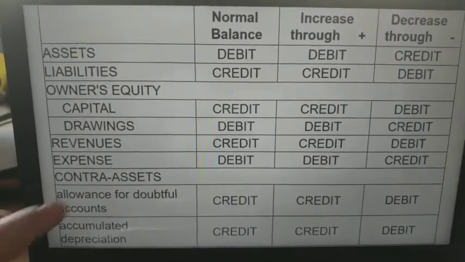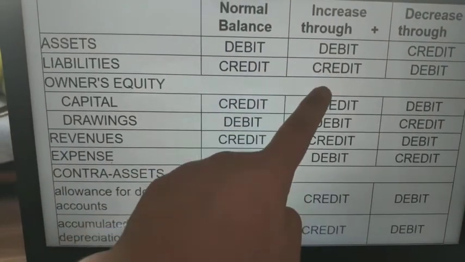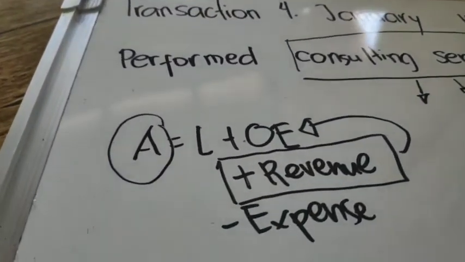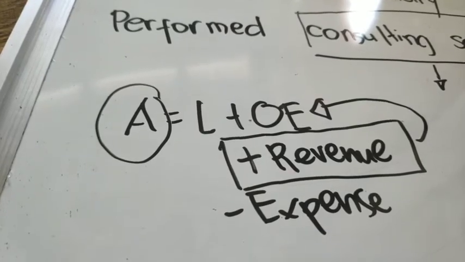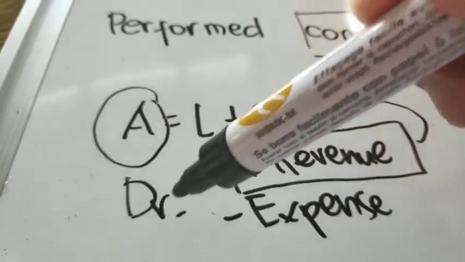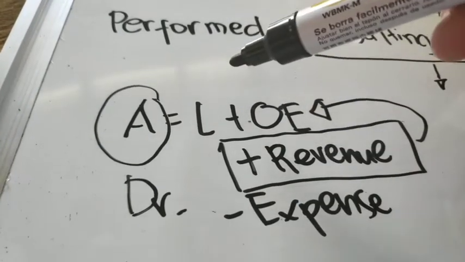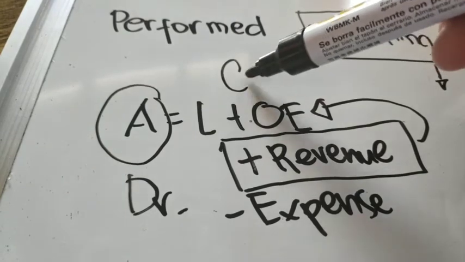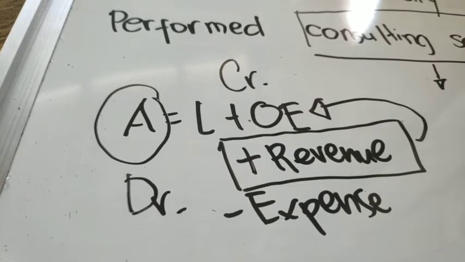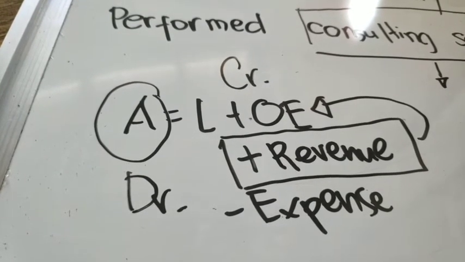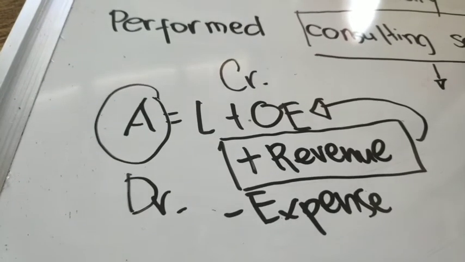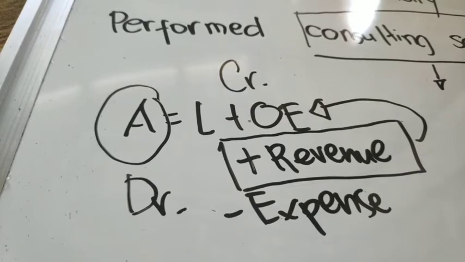The cash is on the debit and the revenue is on the credit. So we still achieved the balance in your accounting equation, since the asset is on the debit side and liabilities and owner's equity are on the credit side.